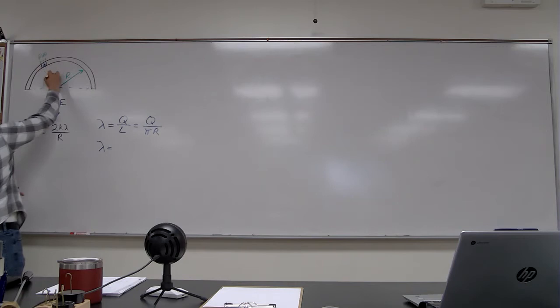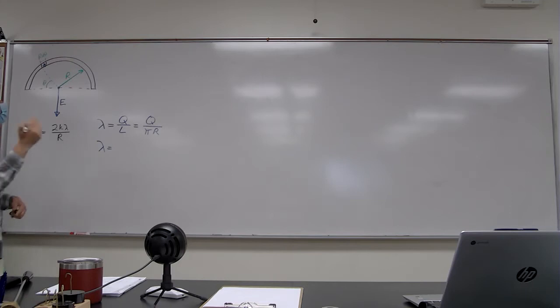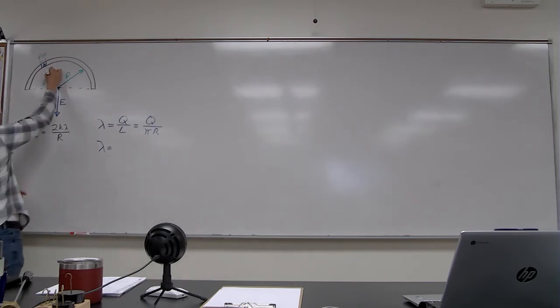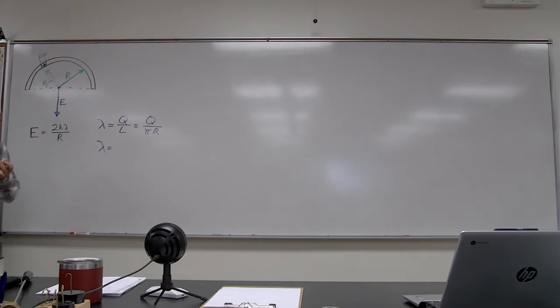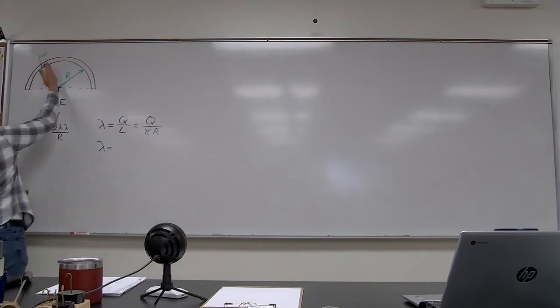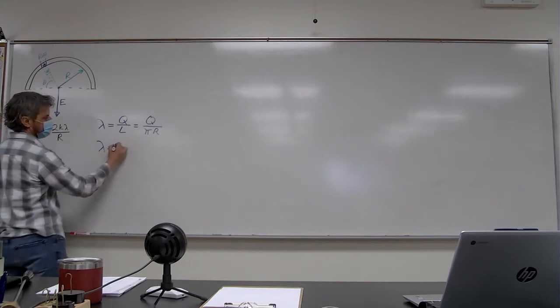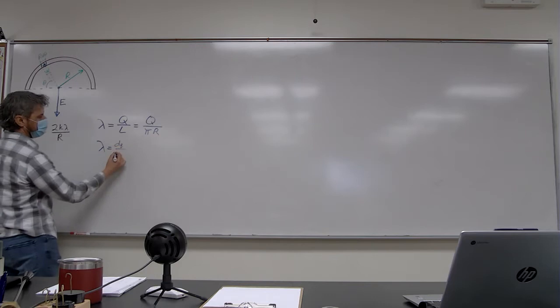Why d theta? It's delta theta, theta final minus theta initial, but if that delta theta is infinitesimally small, we call it d theta. So our charge density on the micro scale is just dq over r d theta.